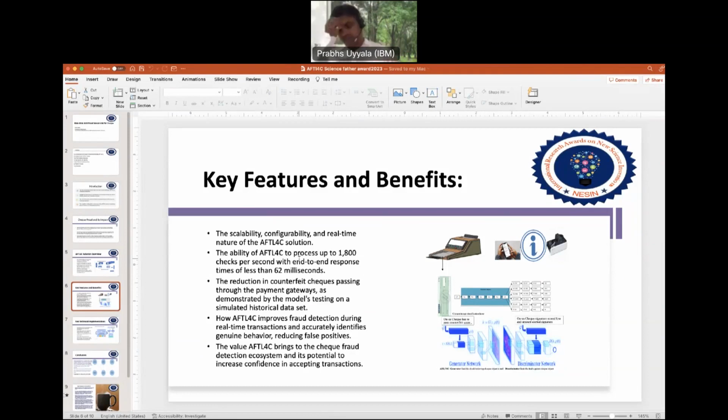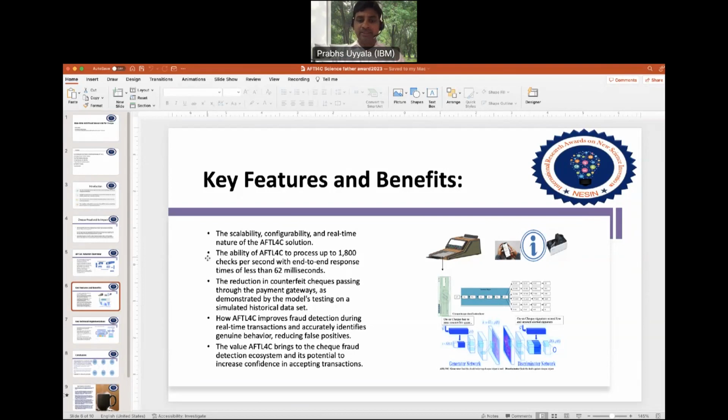If somebody adds extra money to the amount originally issued, or updates the check description, that is also detected. Anything modified after the original check was issued, in 90% of cases, can be detected using this new machine learning algorithm built as AFTL for C.